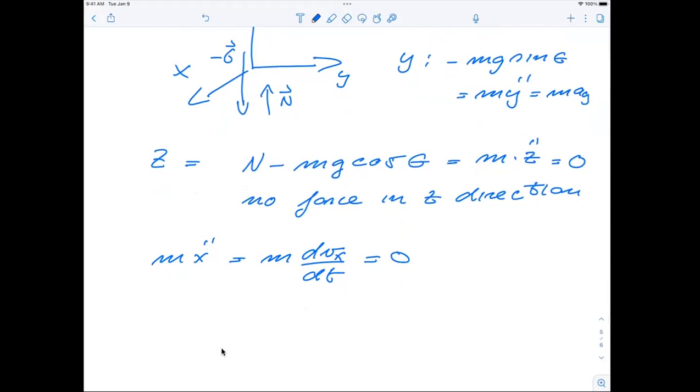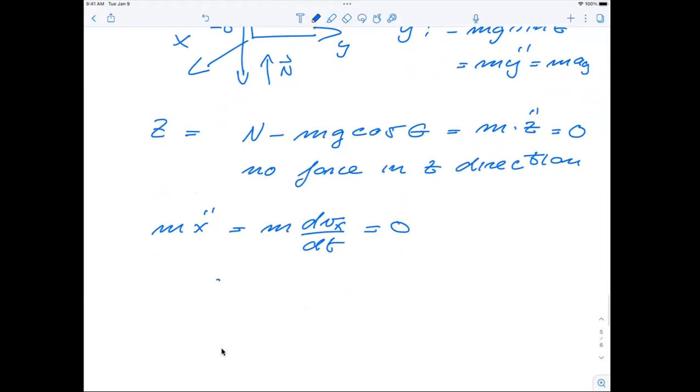The acceleration is equal to 0. So when we are integrating up the velocity, we have an initial velocity v0x, and the velocity in the x direction is given by dvx/dt' equal to 0. When we integrate this up, this simply means that the velocity is a constant in the x direction.